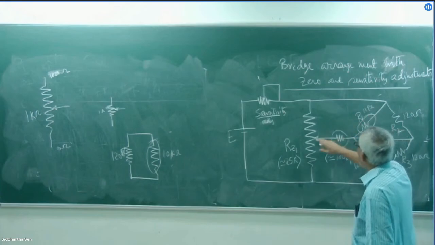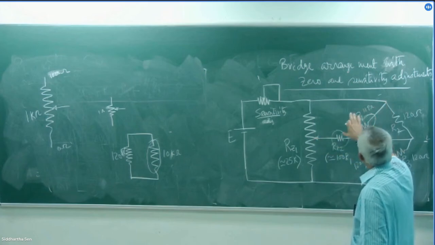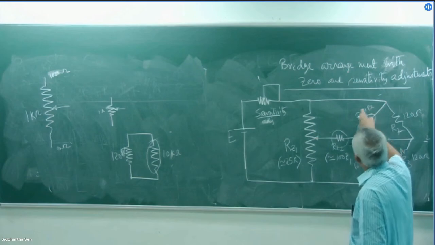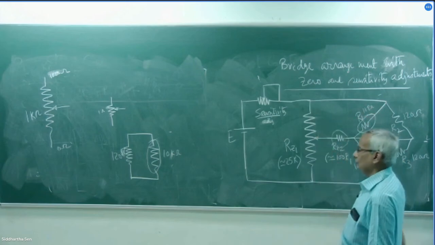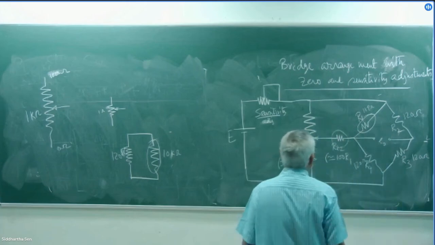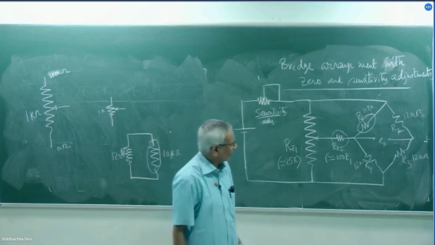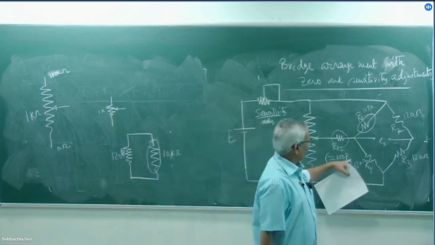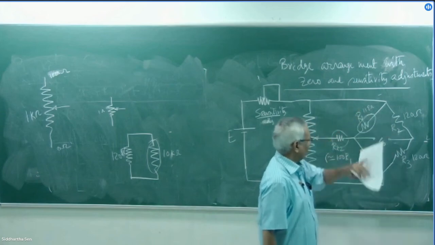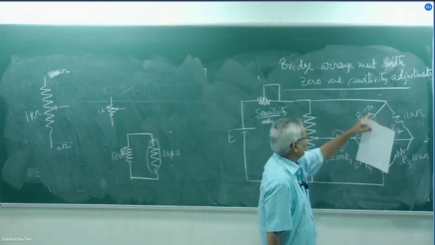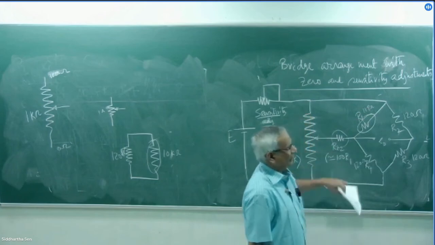So the point is that at any position, the equivalent of this arm is R1 parallel to this part and R4 parallel to this part. So as a result, if there is a small unbalance in the bridge, with one of the gauges not exactly 120 ohm, maybe 120 or 121 ohm, we can nicely adjust it.